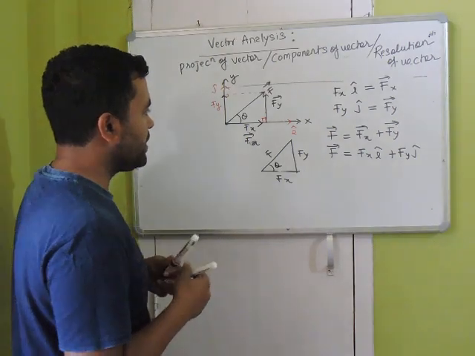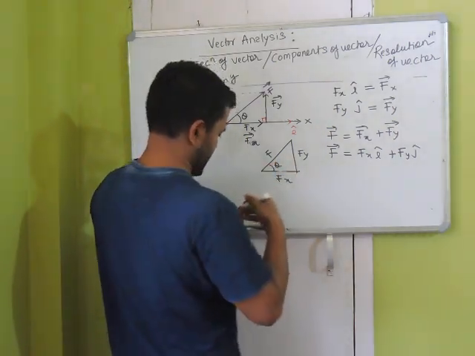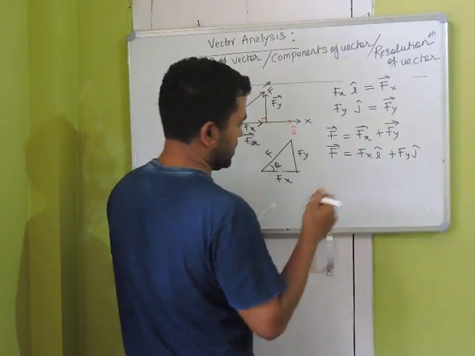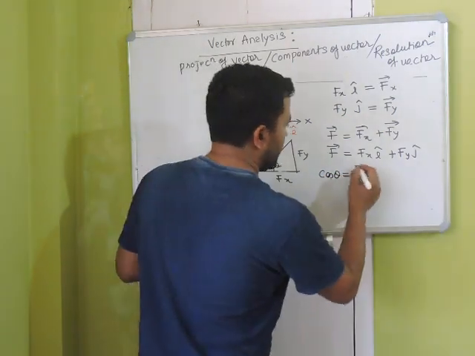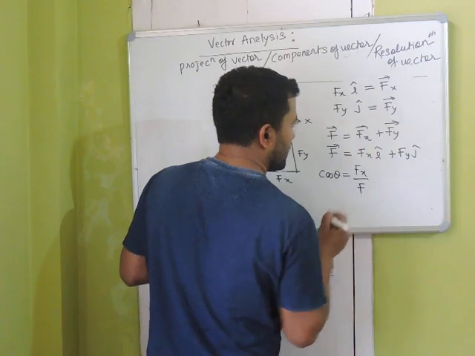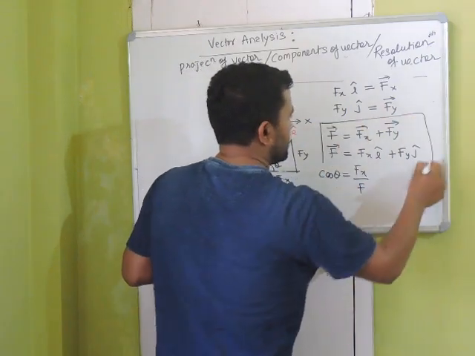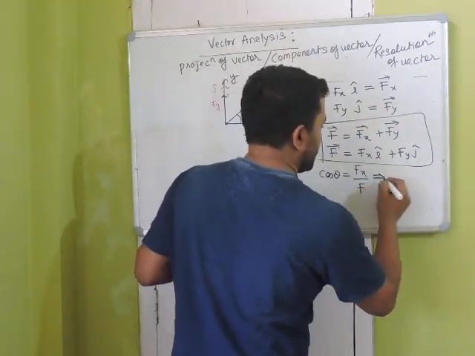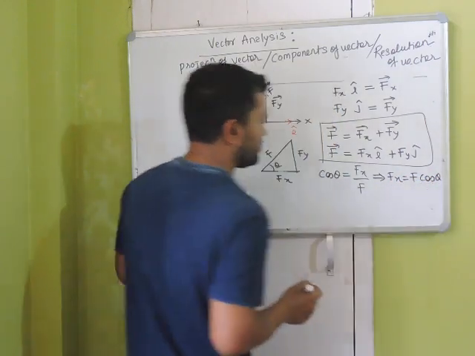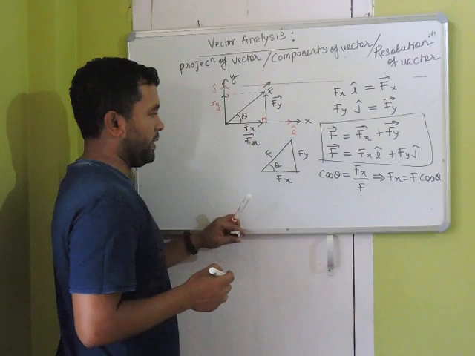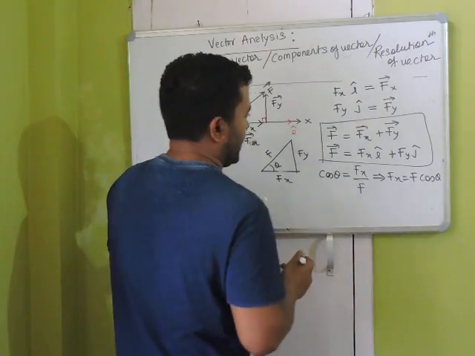Now if I find cos theta, you can see cos theta is base by hypotenuse, so it will be Fx by F, and this will give me Fx equal to F cos theta, right?